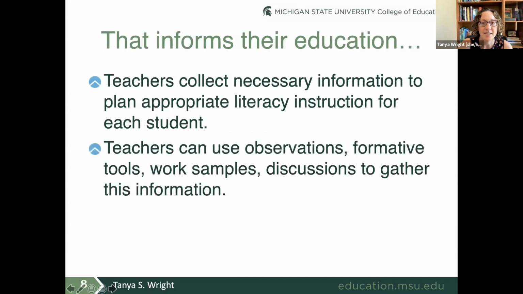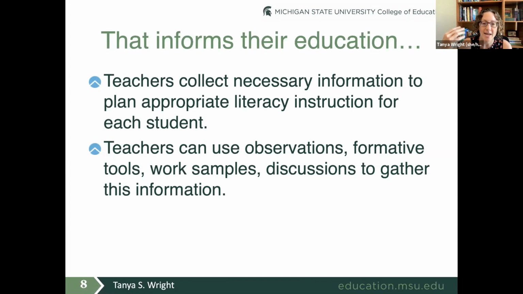Okay, so the idea here is that teachers collect necessary information to plan appropriate literacy instruction for each student, and that teachers can use observations, some formal tools or tests, work samples, discussions to gather this information.